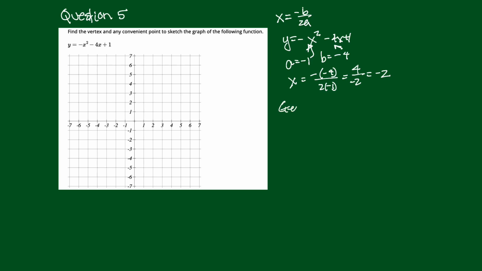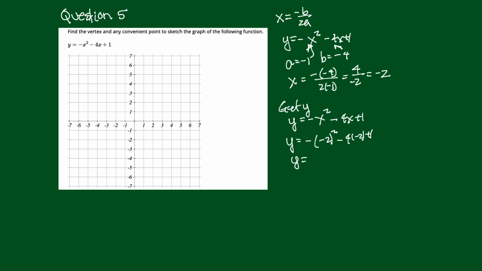So the plan is now to get y, and we know that y is equal to negative x squared minus 4x plus 1. If x is negative 2, I'll get y equal to negative 2 squared minus 4 times negative 2 plus 1.